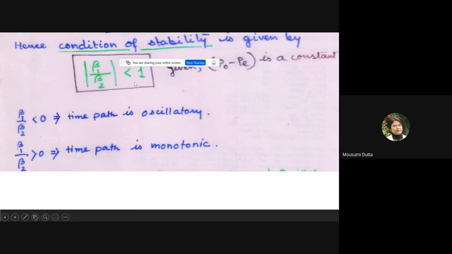If mod beta 1 by beta 2 is greater than 1 and beta 1 by beta 2 is greater than 0, in that case, you will get a monotonic divergent time path. And if beta 1 by beta 2 is +1, in that case, you will get a time path which is parallel to the horizontal axis at the value 1.